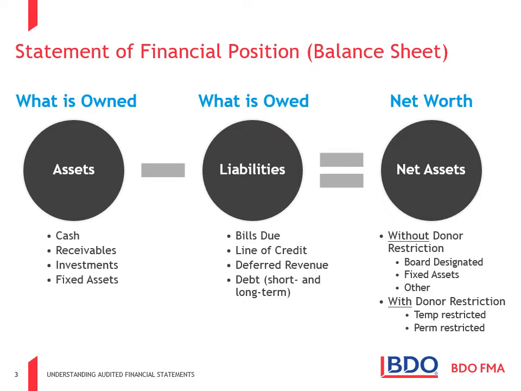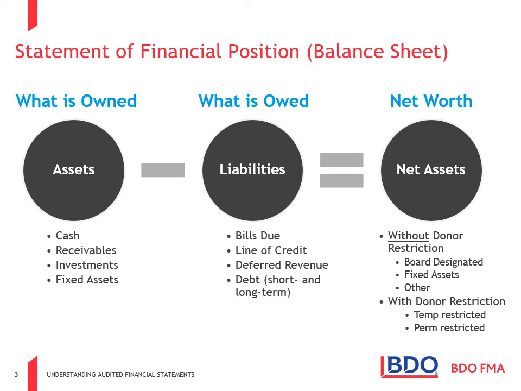You might think of net assets as the net worth of an organization. In the same way, you might consider the net worth if we were looking at our personal or individual finances. The difference between our assets and liabilities would be our net worth. In the corporate sector, this is called equity or shareholders' equity.